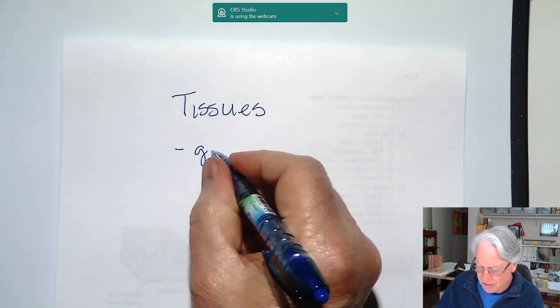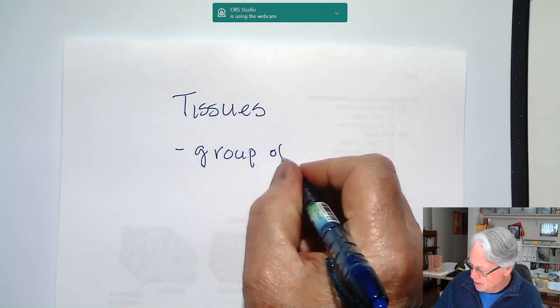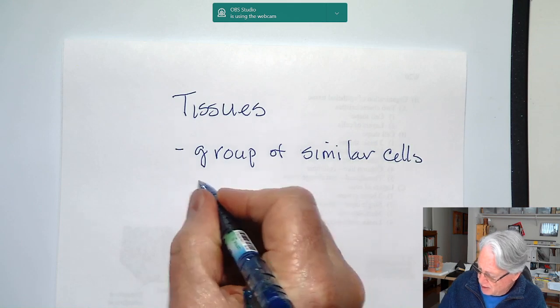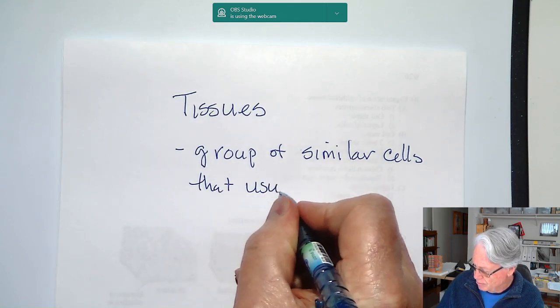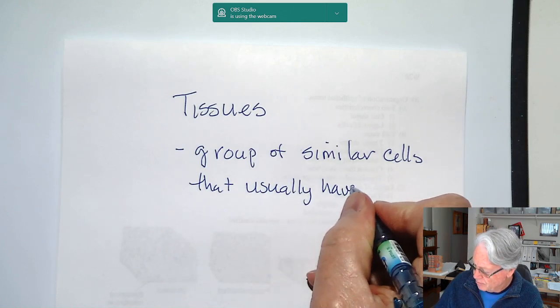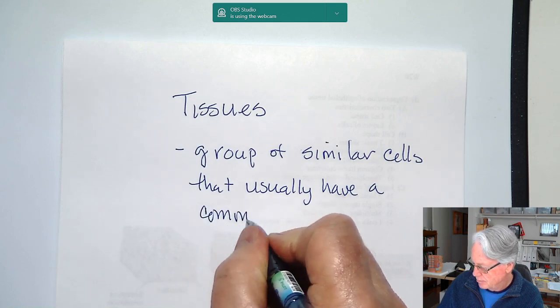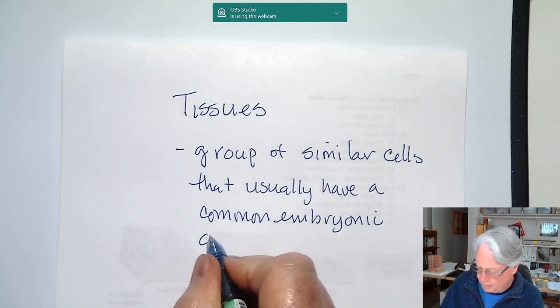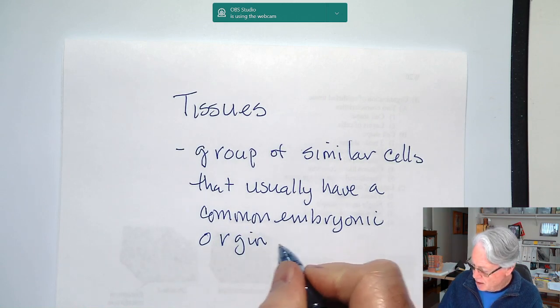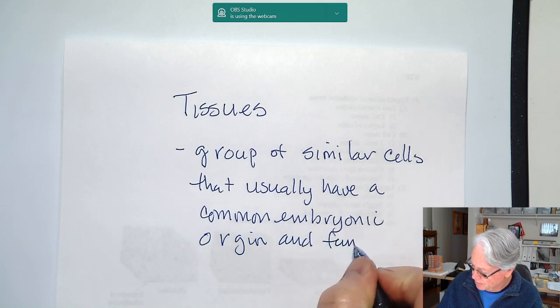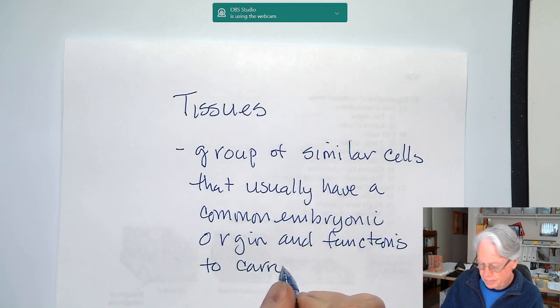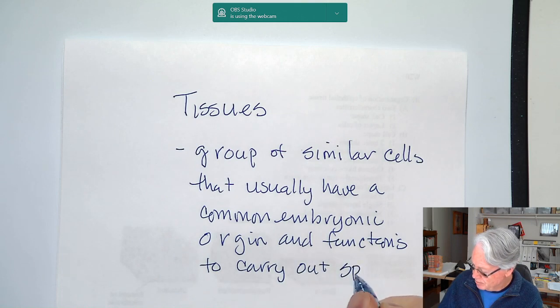So a good definition would be a group of similar cells that usually have a common embryonic origin and functions to carry out specialized activities.